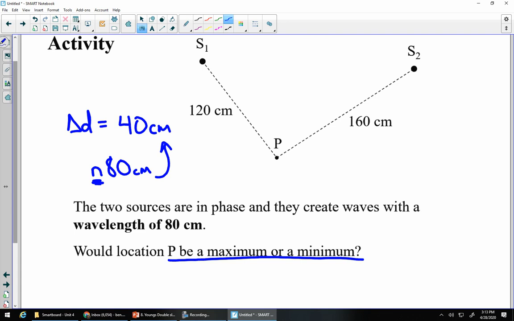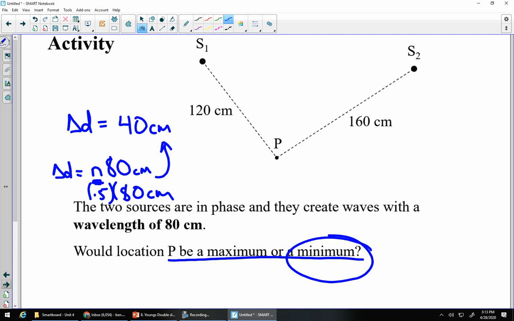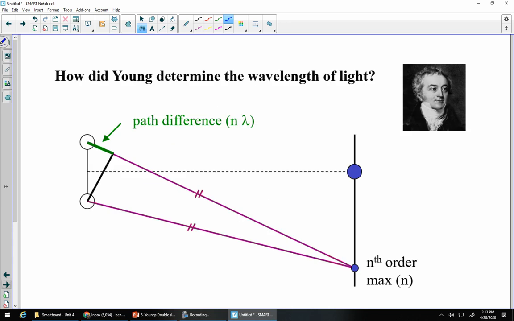I don't think we can, right? So the path difference is not a whole number times 80, it's 0.5 times 80. That sounds like it's going to be a minimum or destructive interference, because the path difference is half of a wavelength. Ooh, no, destructive.